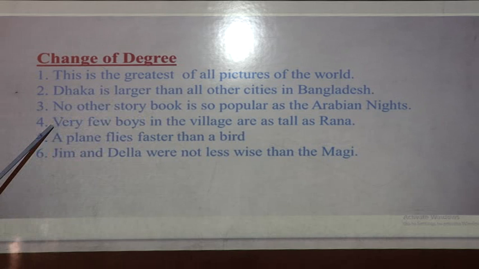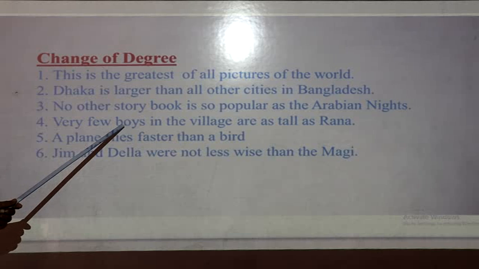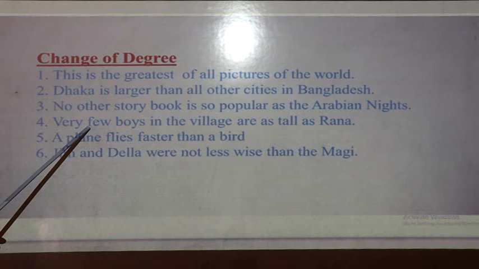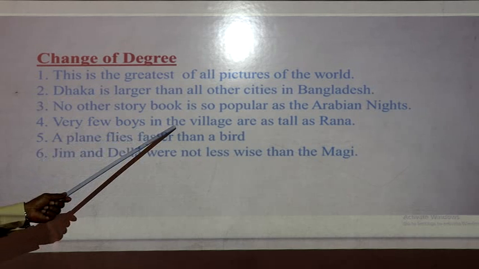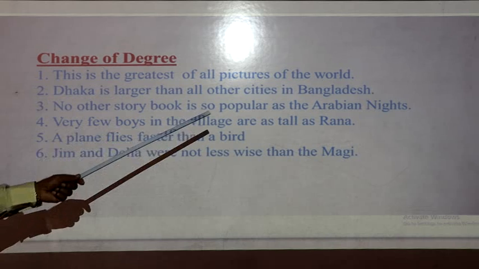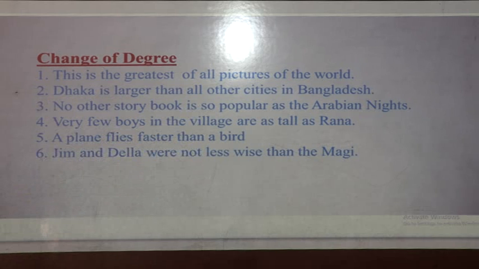Number 4, Very few boys in the village are as tall as Rana. It is positive degree. There is the use of very few at the start of the sentence. Let us make it superlative degree. You can write Rana as subject.